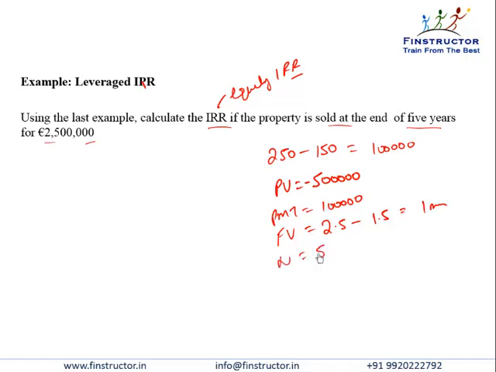This happens for 5 years, so we get 5 payments at the end of each of the 5 years. And we need to compute I/Y. That I/Y would be the internal rate of return that the investment has generated to us on our equity. So the IRR comes out to be 30.87% on the equity of 0.5 million that we had invested.